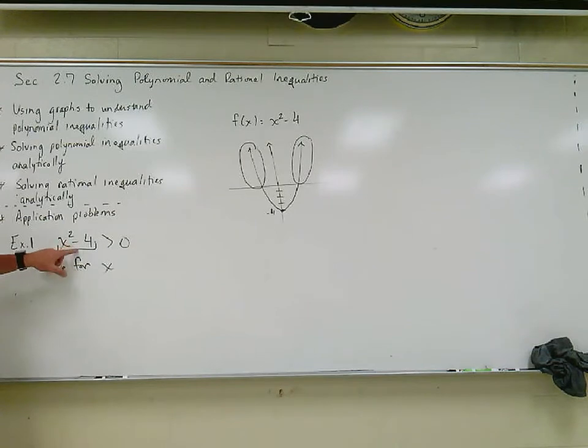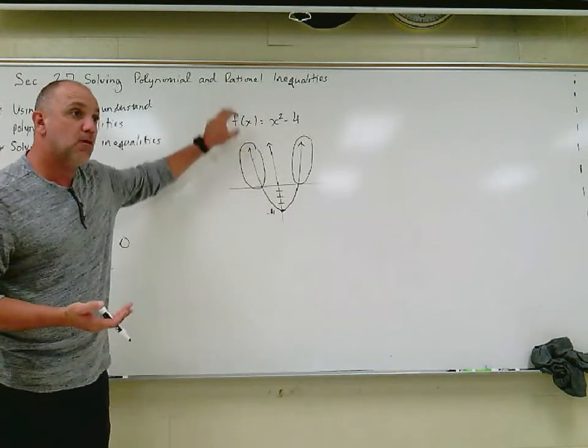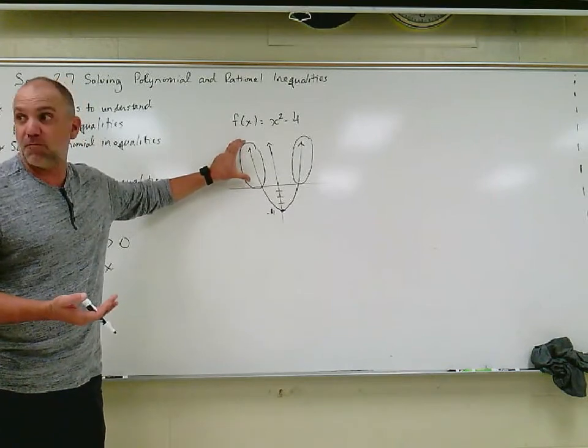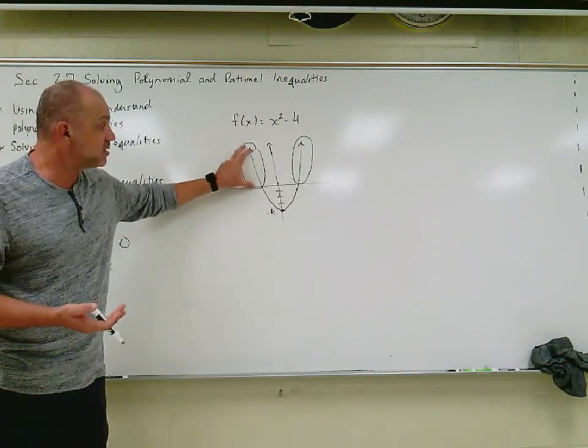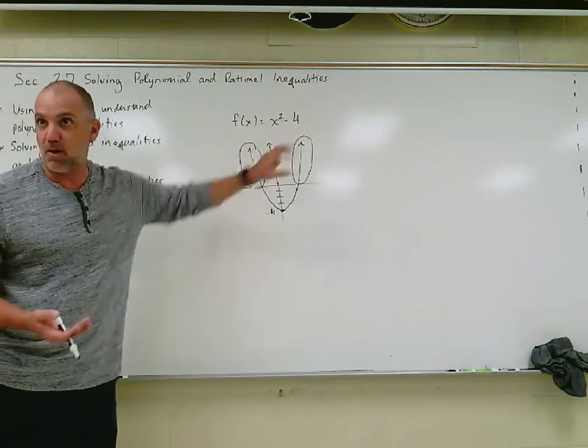So we can see where the graph is above the x-axis, but we have to know specifically what we're finding: the x's for where this graph is above.